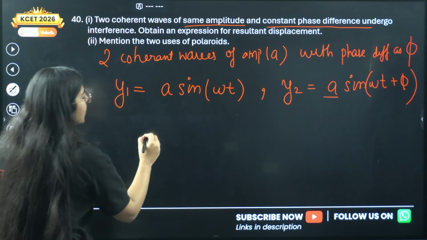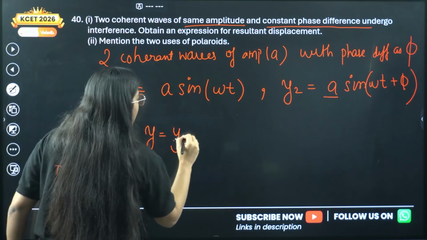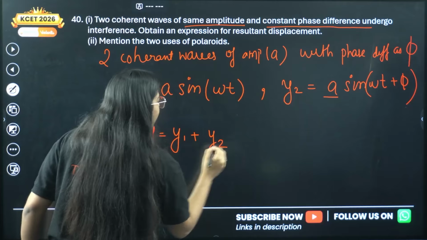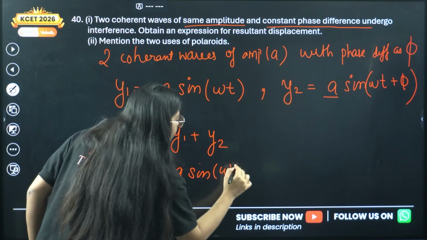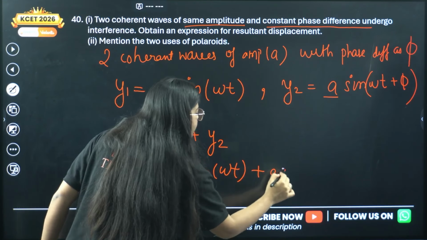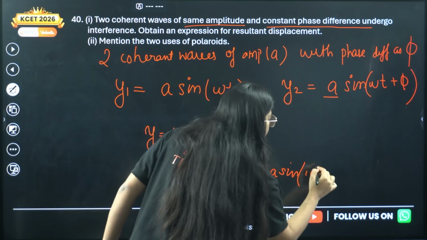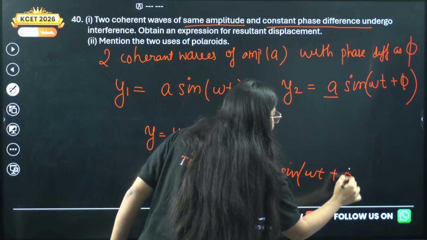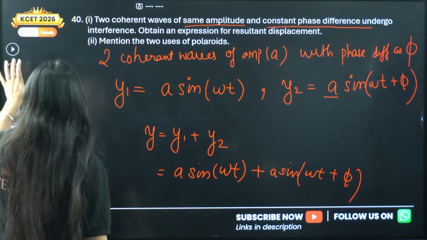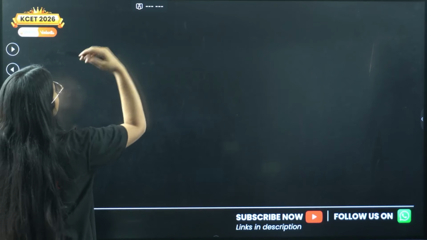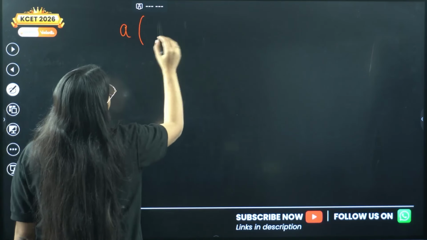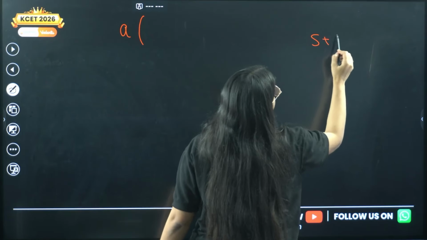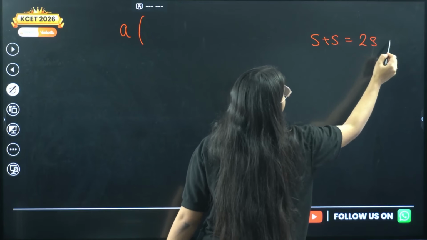Now for the resultant displacement, you just need to add these two, y1 plus y2, and this will be A sine omega t plus A sine omega t plus phi. Correct? Now can I use a trigonometric identity on this? A is common, and inside, sine plus sine will be 2 sine cos.